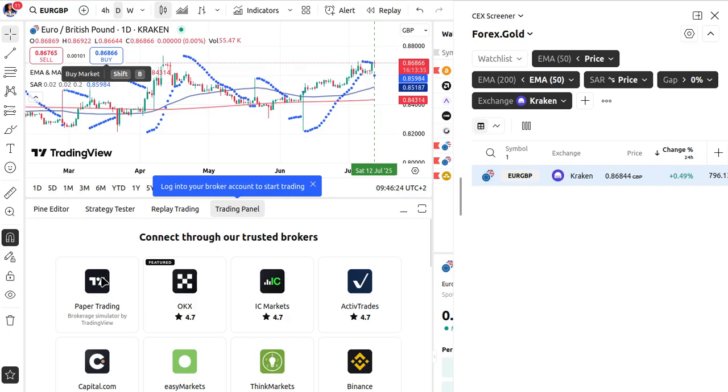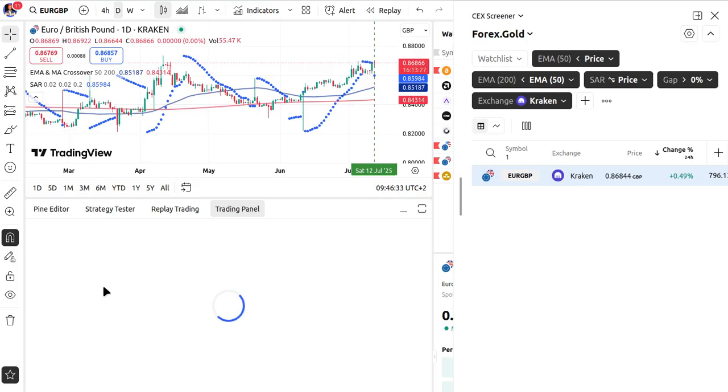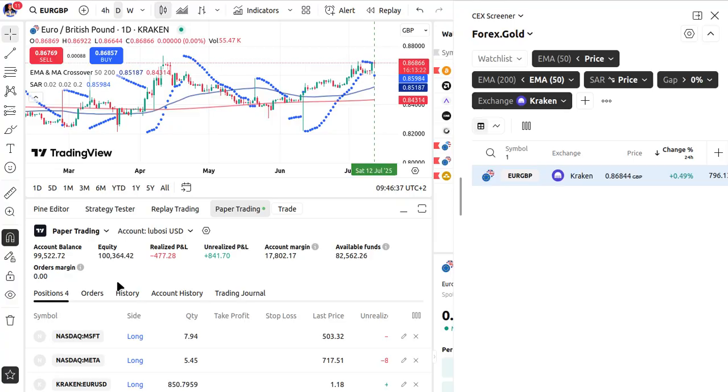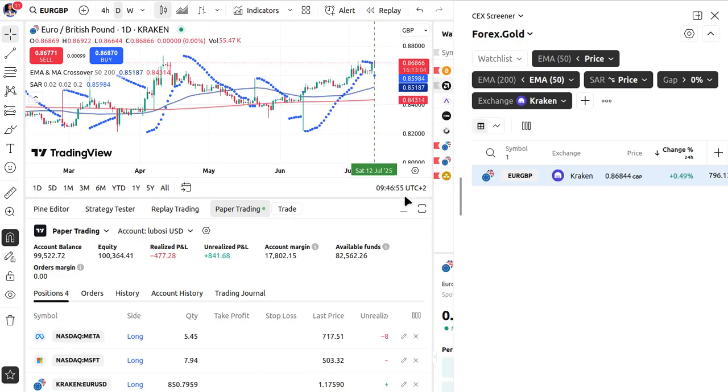This paper trading account has been fixed with a 50x margin. So we're going to trade it right now. This is very important: you have to trade it immediately you see it. Leverage, it's saying 1x.